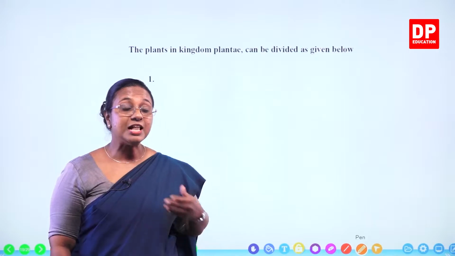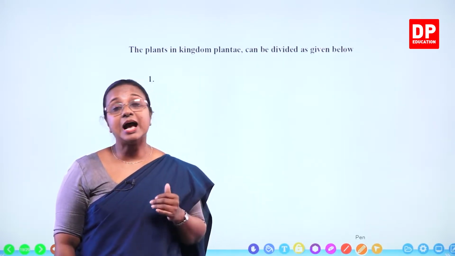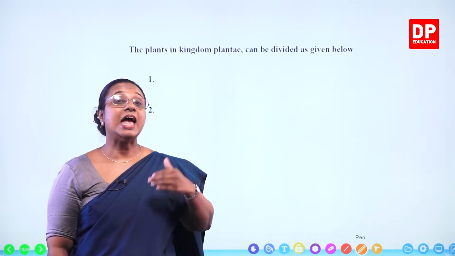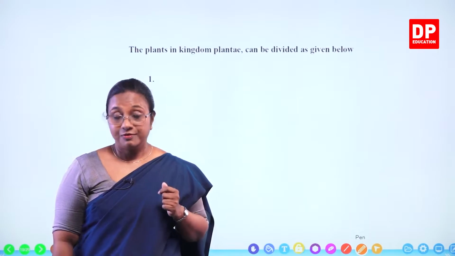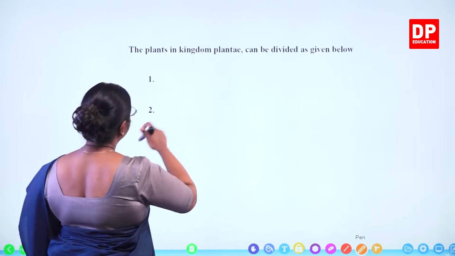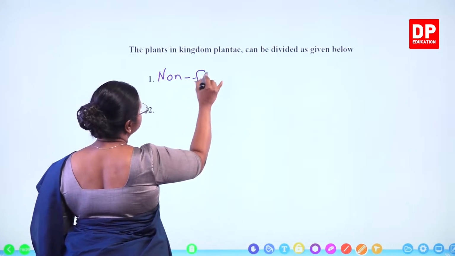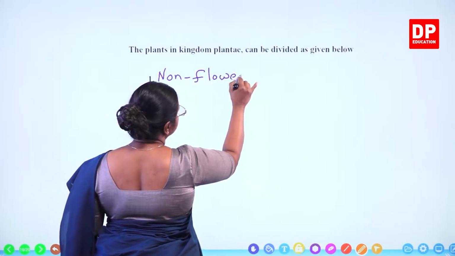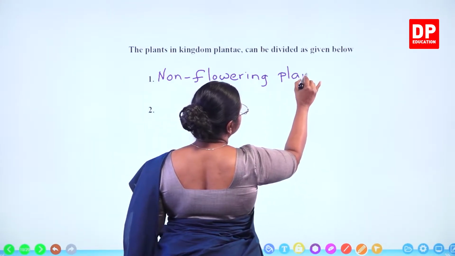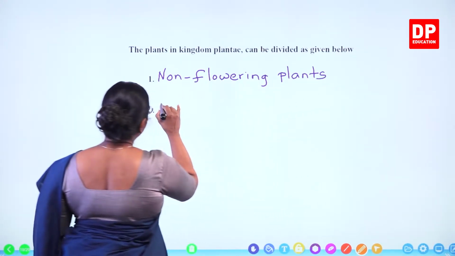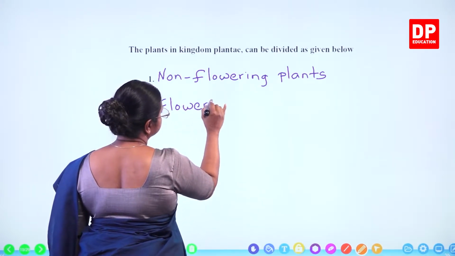From the name itself, you all know, plants that do not produce flowers, they come under non-flowering plants, and plants that produce flowers, they come under flowering plants. So we have two main groups, non-flowering plants and we have flowering plants.